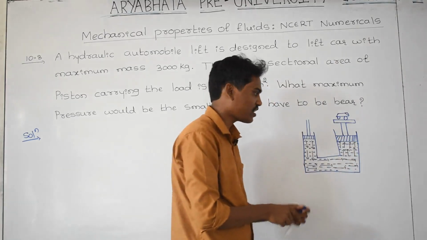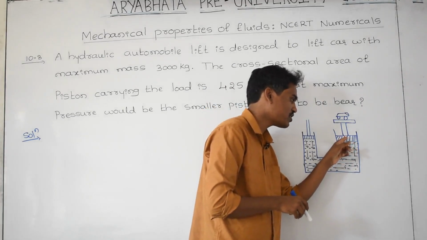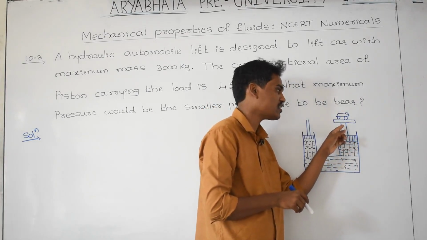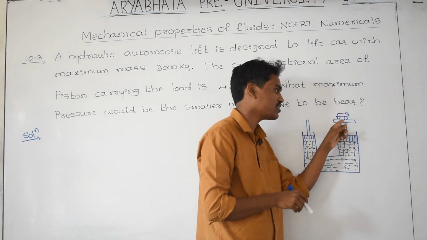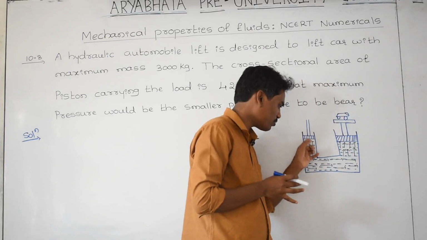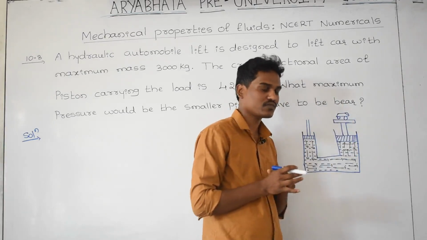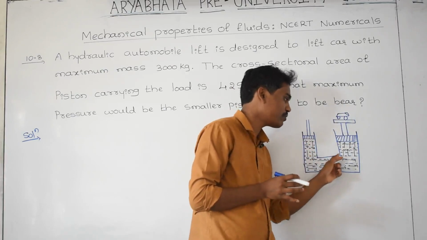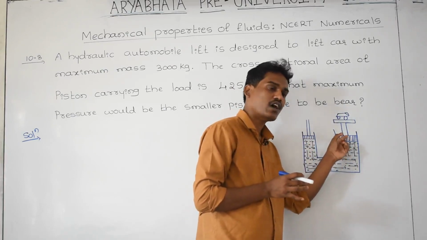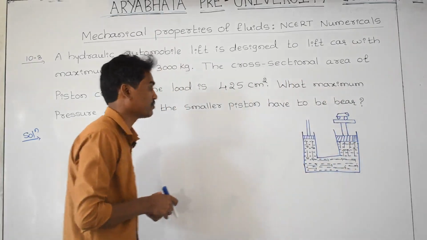And after the pressure acts on this bigger piston, it moves in upward direction, as a result this heavy object is lifted. By using a smaller force, we are able to lift a big object. This is the application of Pascal's law.